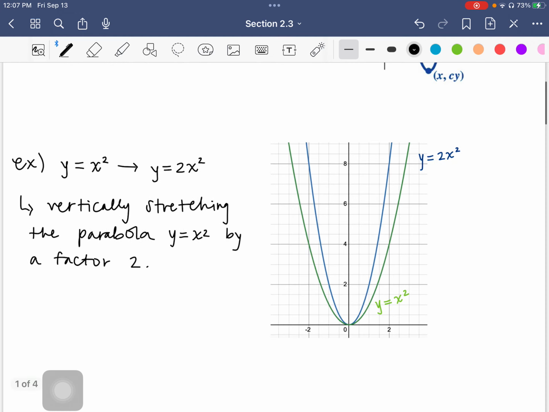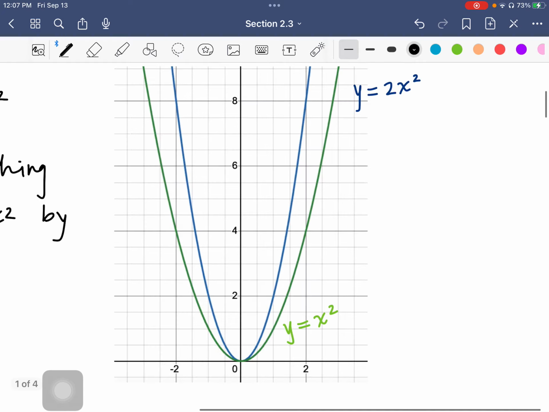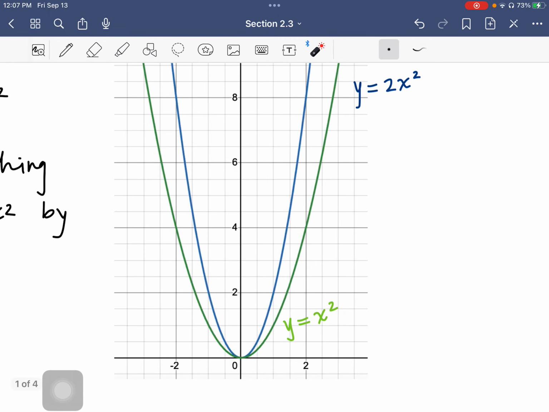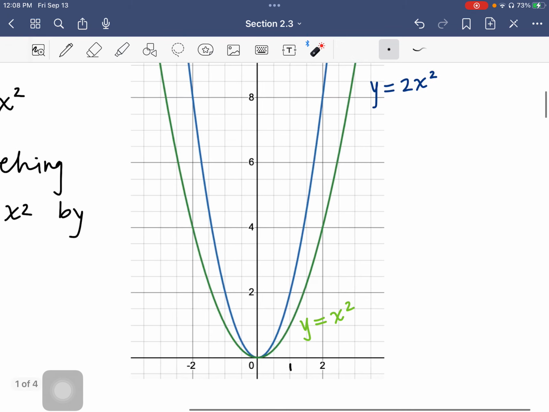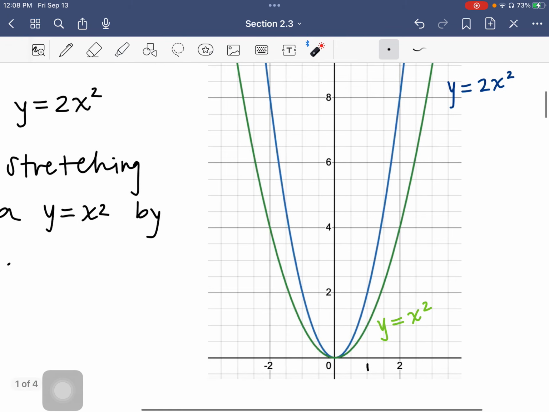All right. And we can test this by looking at a few points on our original graph. If we have y is equal to x squared, we know if we plug in 1 for x, our output would just give us 1. And so that's this point on this parabola here. However, if we were to plug in the same value for x into our new function that's changed by a factor of 2, we would get 1 squared and then multiply that by 2.